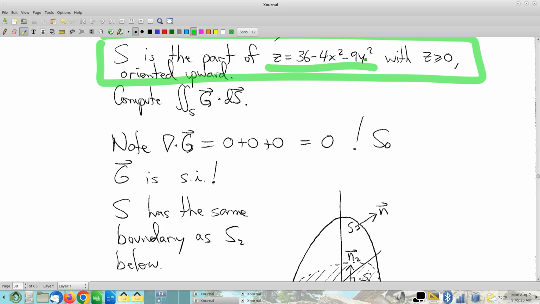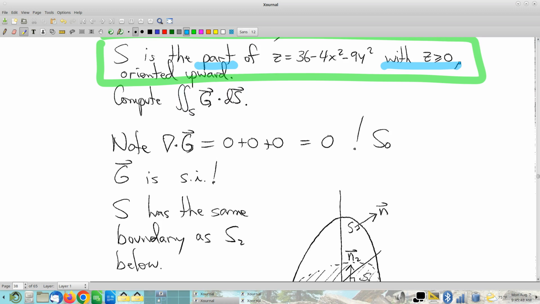Probably mostly chapter 12. This is an elliptical paraboloid. If you're not clear on why that's an elliptical paraboloid, make sure to remind yourself how that works. But very importantly, we're looking for the part of that elliptical paraboloid where z is greater than or equal to 0.